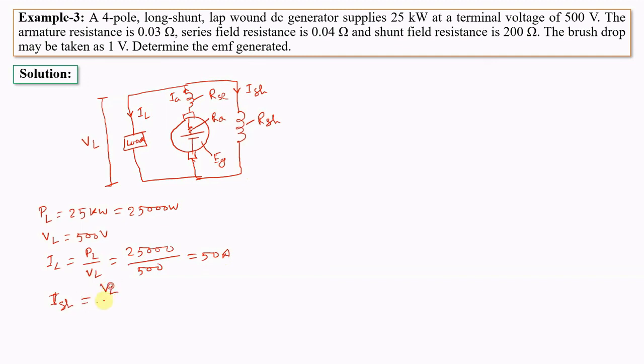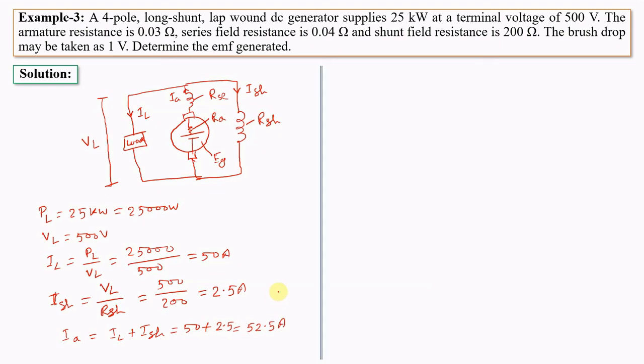So ISH here will be VL upon RSH. VL is 500 and RSH is here 200. It is given in the question. So the shunt field current will be 2.5 ampere. Therefore, the armature current will be the sum of load current and the shunt field current. It will be 50 plus 2.5, and that is 52.5 ampere. This is the total armature current.